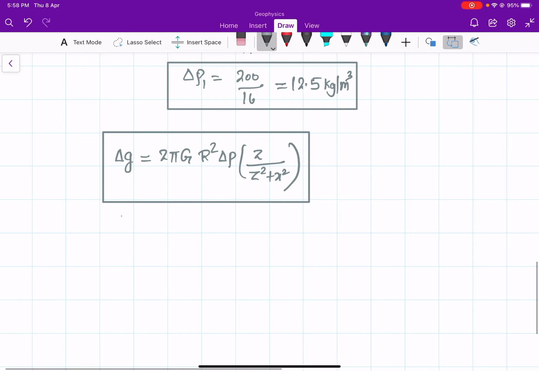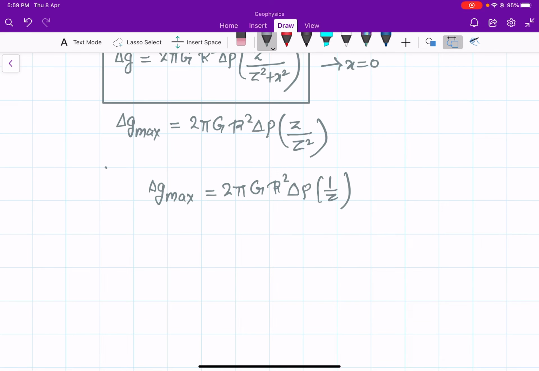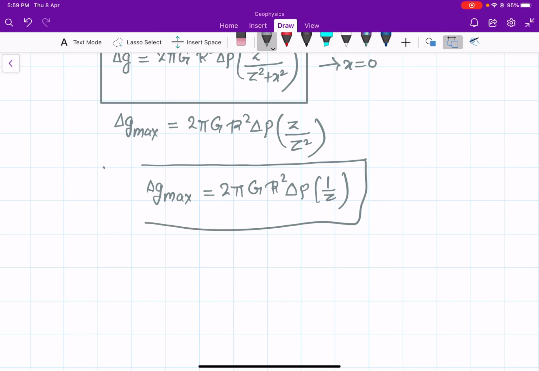The maximum gravity anomaly, by putting x equals 0, is del g max equals 2 pi G r square del rho into 1 over z.